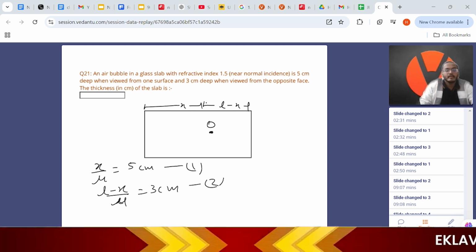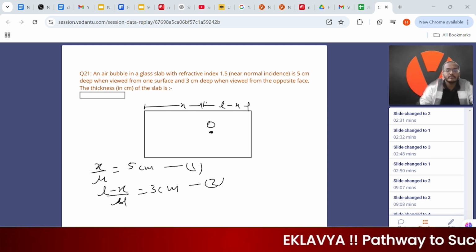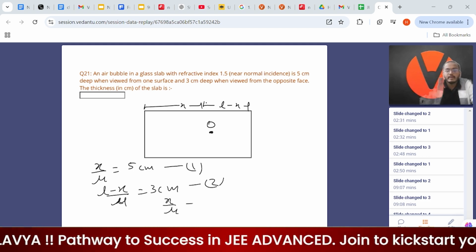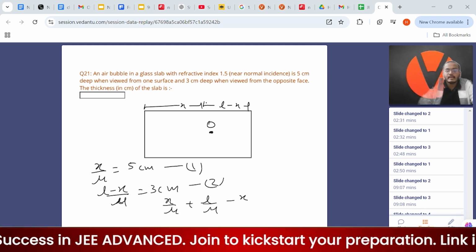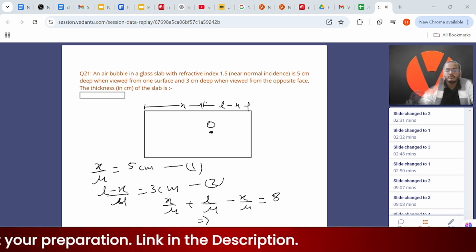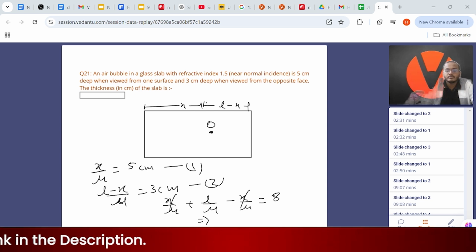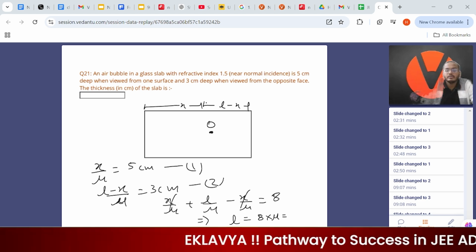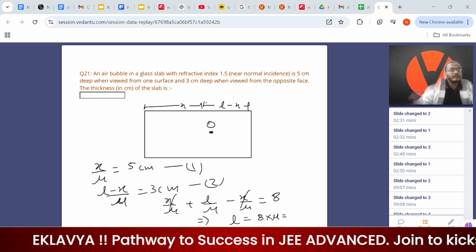Now, if we just add these equations, we will get x by mu plus L by mu minus x by mu, equal to 8 centimeters. So minus x by mu and plus x by mu will cancel out. So L will be equal to 8 into mu, and the value of mu is given as 1.5.